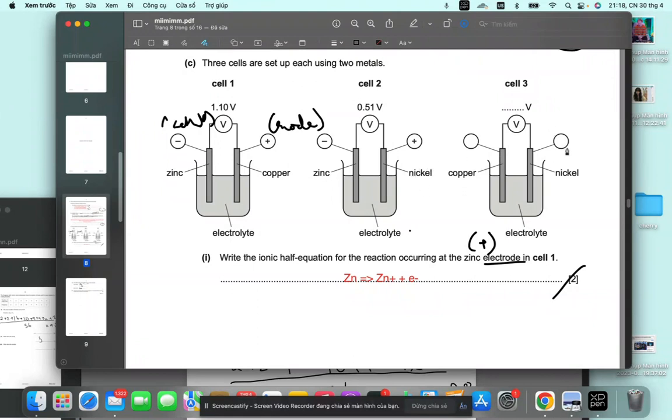Nickel is positive. Copper is positive. So it can't be both. Let's deduce our answer using this. Copper is positive and nickel is negative. Or copper is negative and nickel is positive.